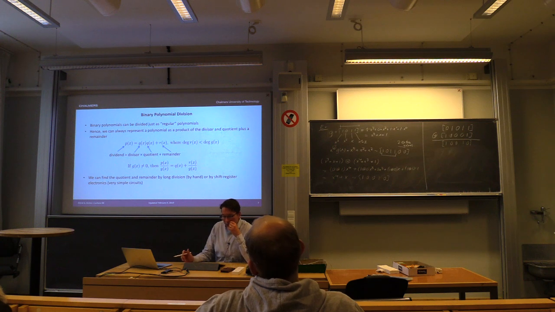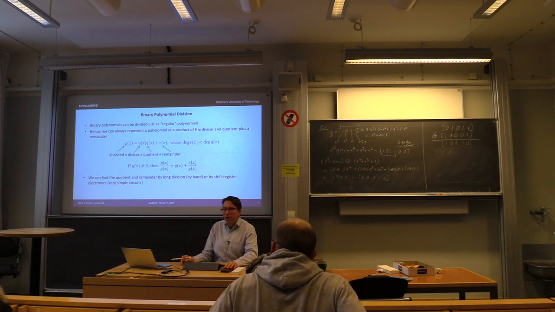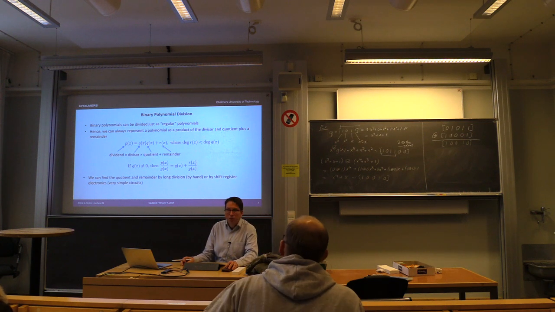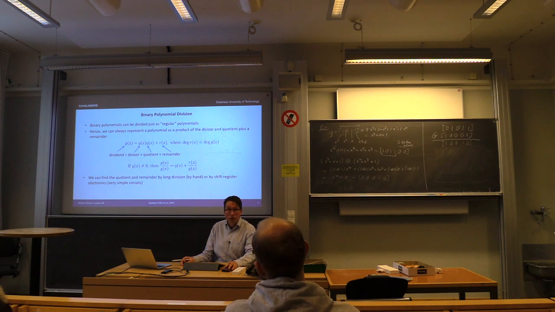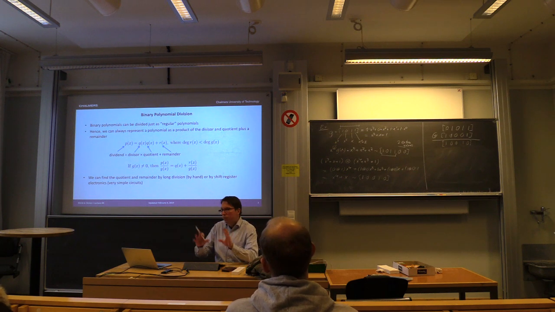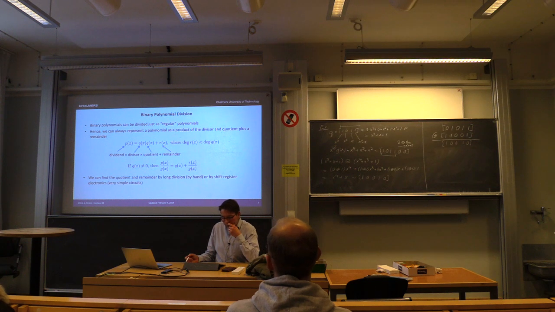You know through your math classes that you divided polynomials before, typically over the real field. So if you have two polynomials, you can divide them, you get a quotient and a remainder and the divisor. And everything works the same for binary polynomials as for regular polynomials, if you like. It's just that now we do all the calculations modulo 2.